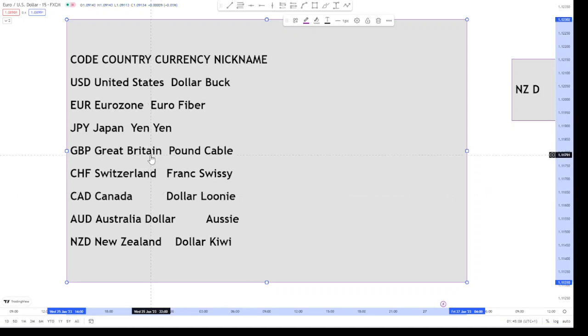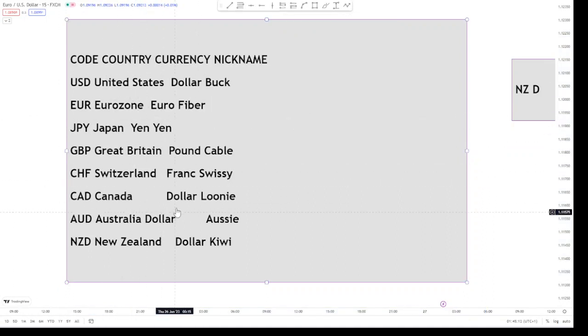So just know that when we say these 8 currencies are the most widely traded in the market, it means that they are very liquid. In fact, the United States dollar makes up almost 50% of the transactions in the forex market, and that's huge. I think it was around 30 to 50, something like that.